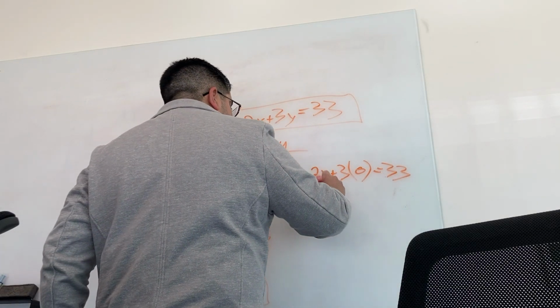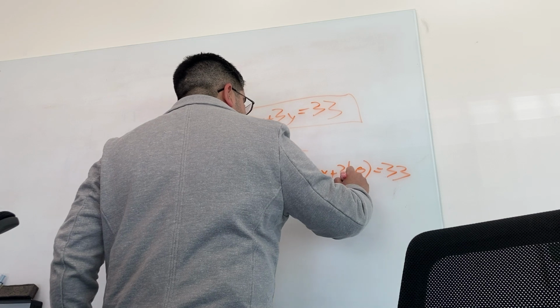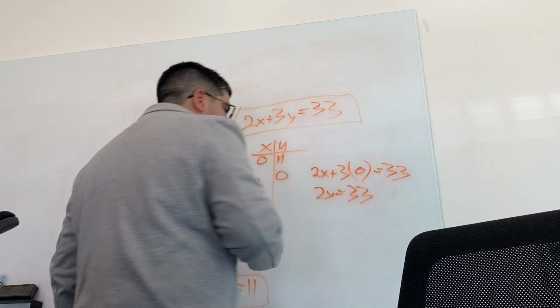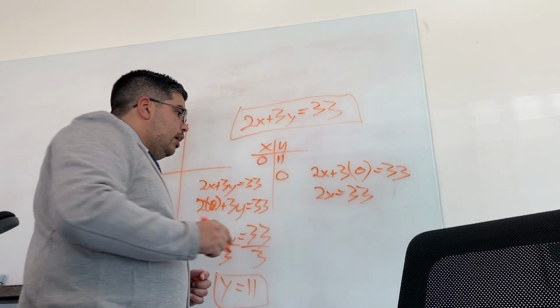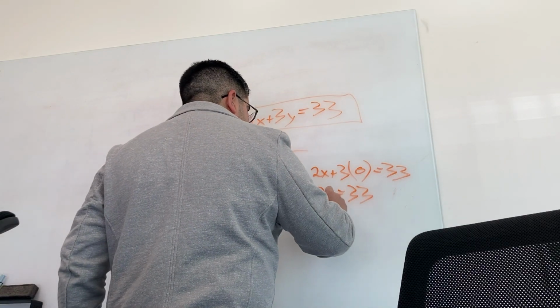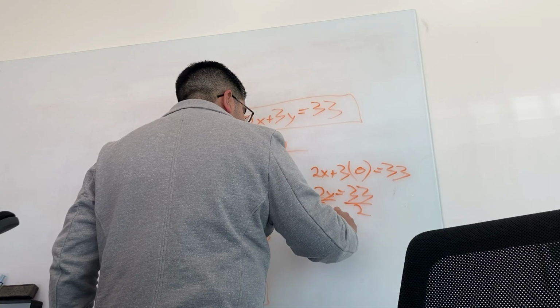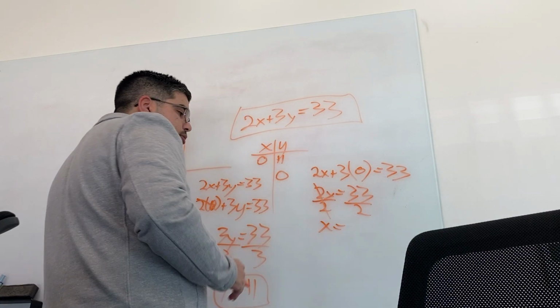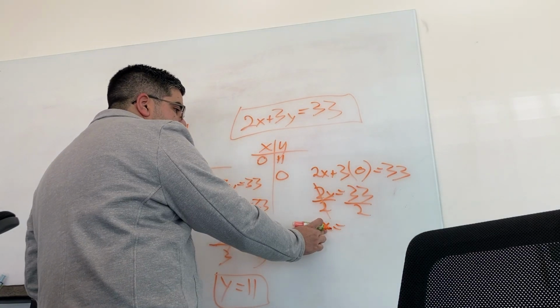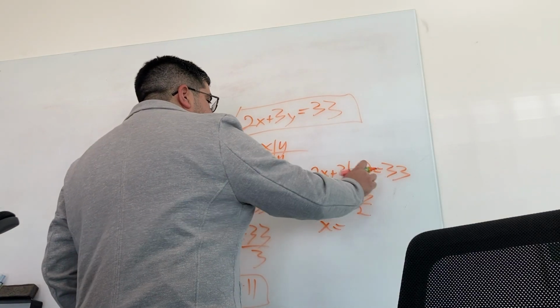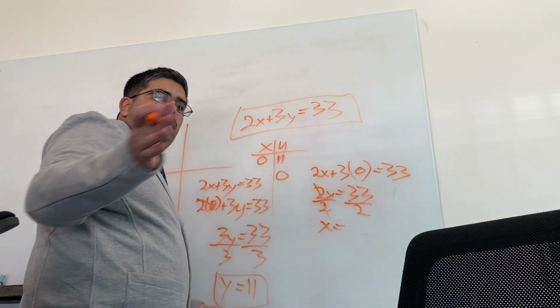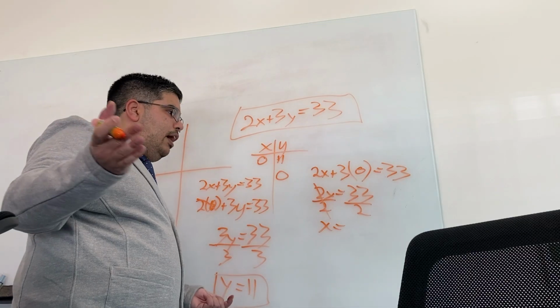So it's going to be 2x equals 33. Cool. Now we divide by 2. Then x equals, this cancels, turns into 1x, or just x, equals 33 over 2, which is 33 divided by 2, 33 and a half.